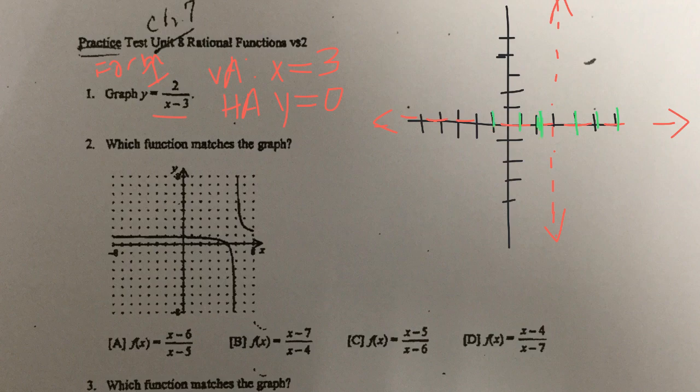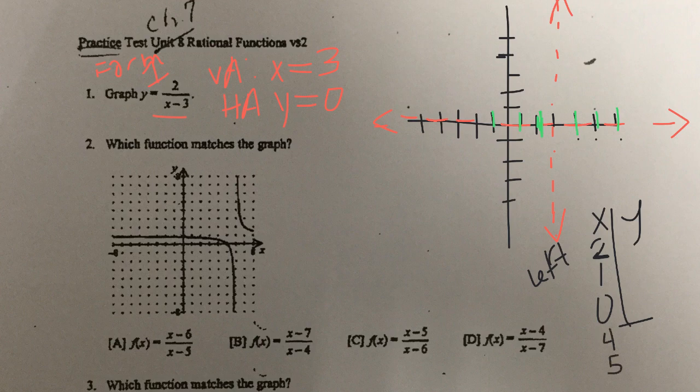So I'm going to put in my table 2, 1 and 0. Those are my 3 numbers to the left. And then 4, 5, and 6 are my 3 numbers to the right, and my asymptote is between those 2 sets of numbers.